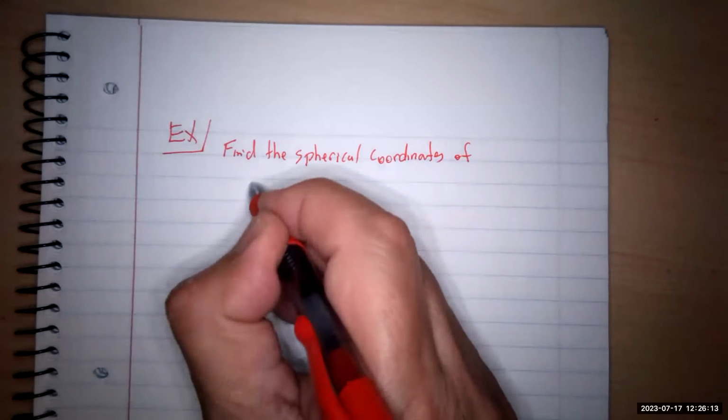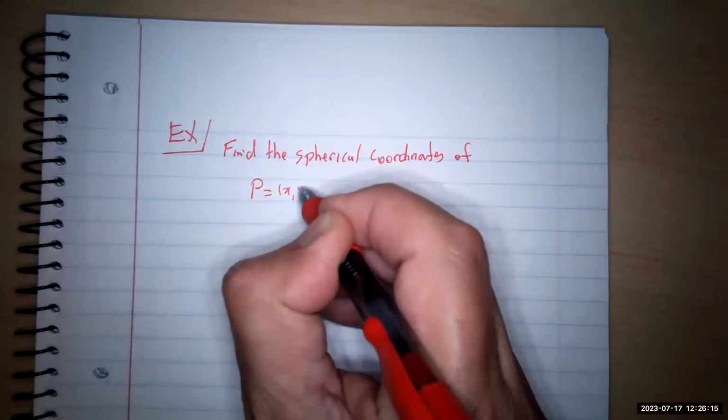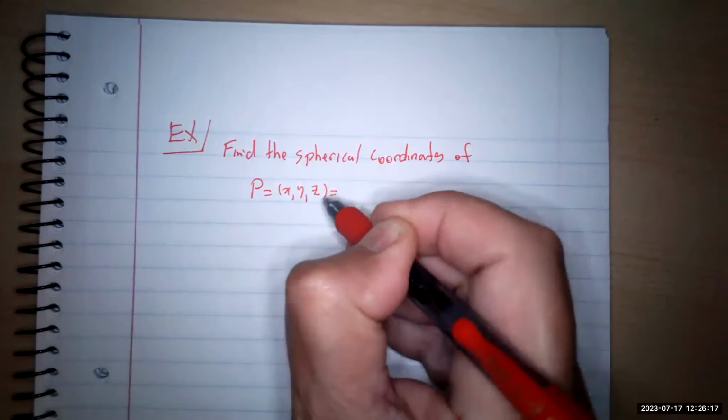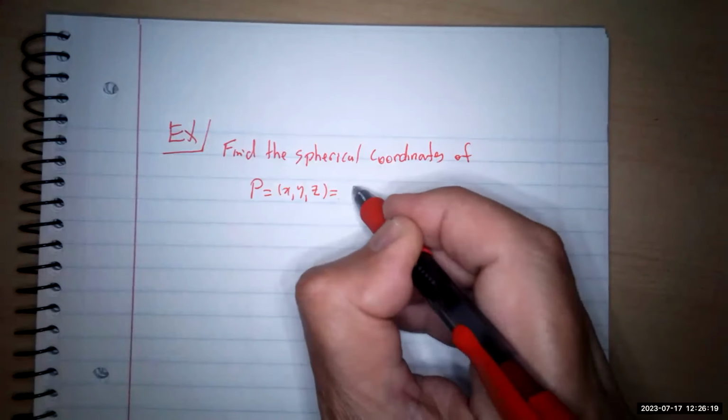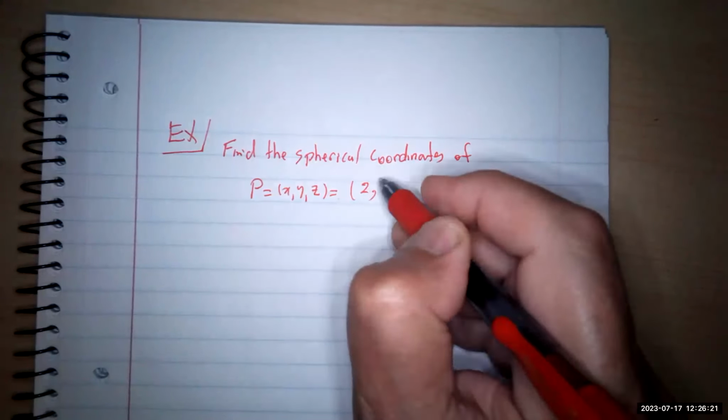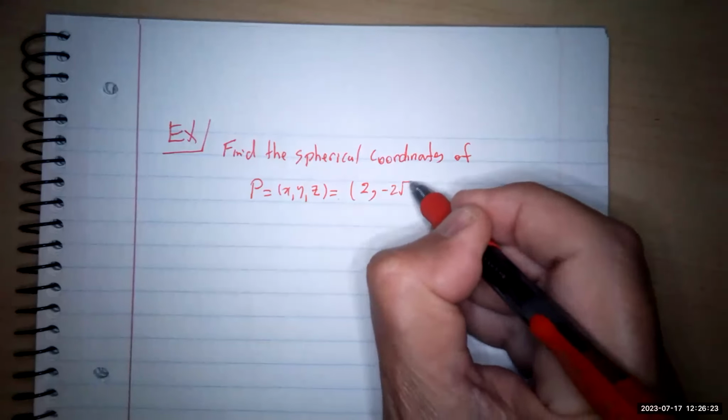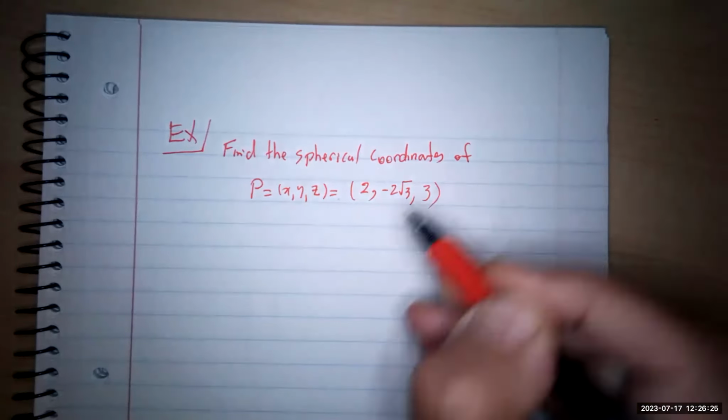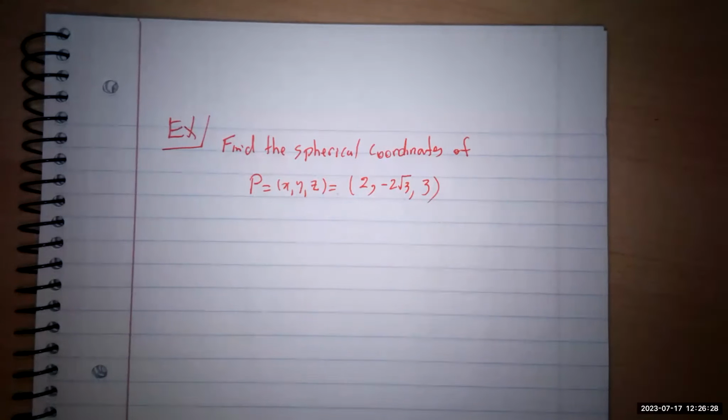The point is given in rectangular coordinates, and the numbers are 2, negative 2 radical 3, and 3. So we want to change it into spherical. We need to find the rho, theta, and phi, and you have to be careful.